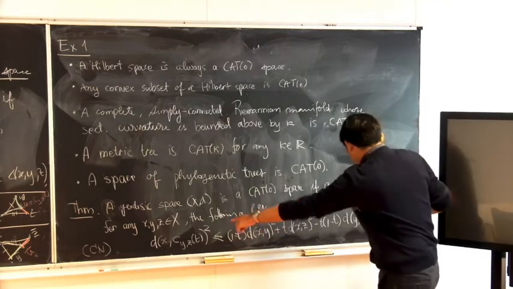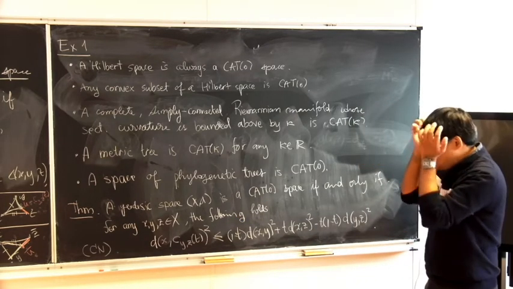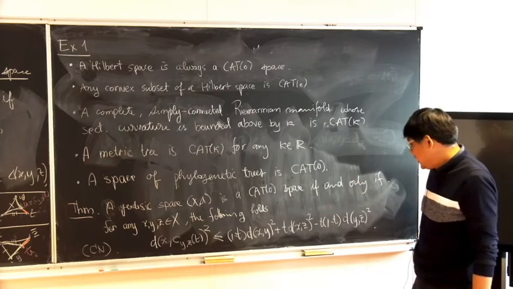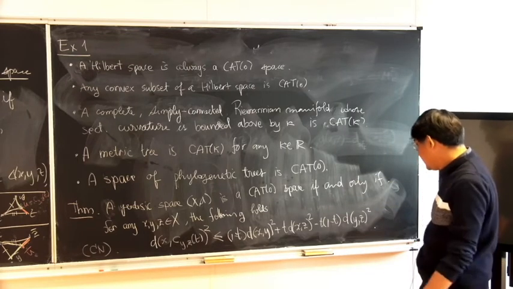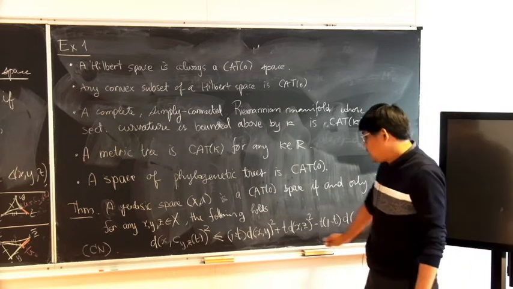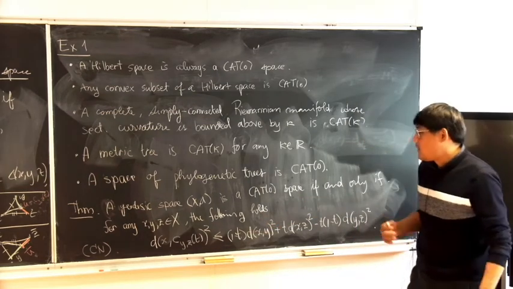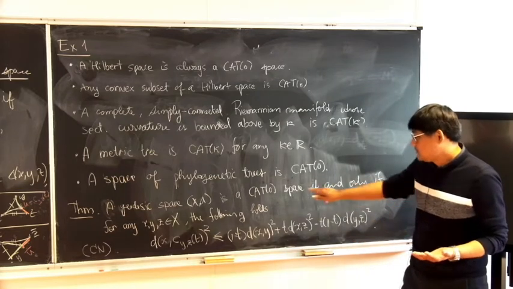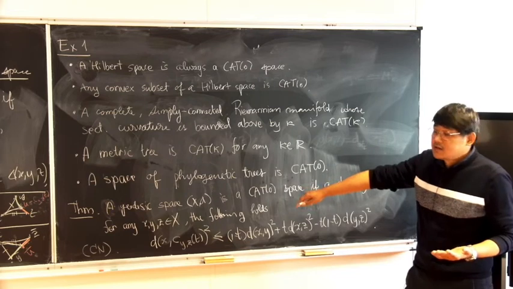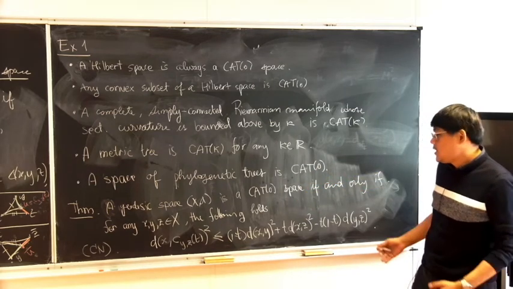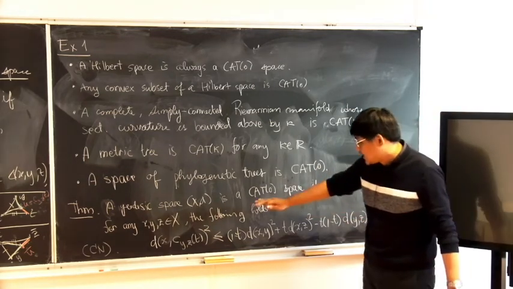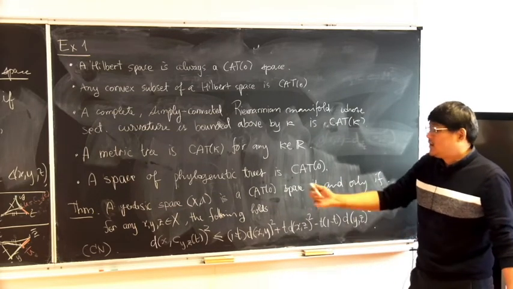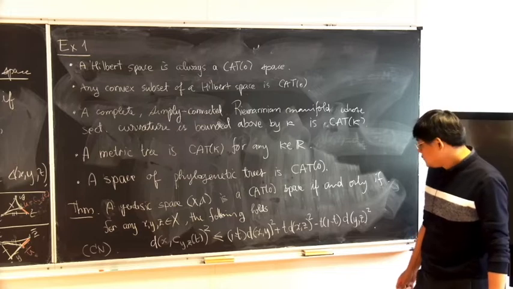So this inequality is known as the CN inequality, and there is a very good point in considering this inequality. It's because we don't need to use any comparison triangle at all. This is if and only if being a CAT(0). So if we only consider a CAT(0) space, then this is the one inequality that you can hold on to.